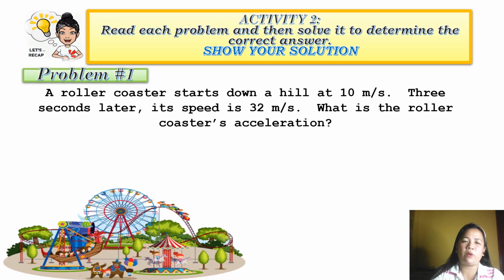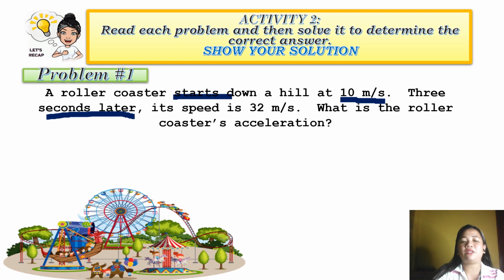Okay, for problem number 1, a roller coaster starts down a hill at 10 meter per second. So the term here is starts, at 10 meter per second. So 3 seconds later, the speed is 32 meter per second.